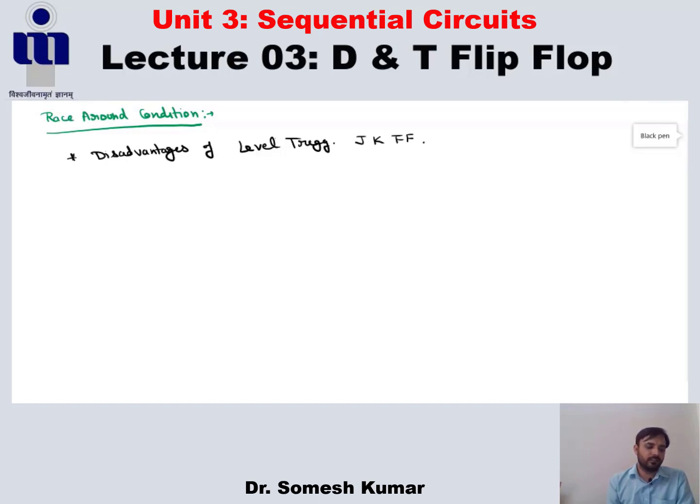When both J equals 1 and K equals 1, that is, when both inputs of our JK flip-flop are 1, the output is in the toggle state. If the previous output is Qn, then in the next state it becomes Qn bar, again Qn, again Qn bar, like this. If the delay of our JK flip-flop is less than the clock pulse width, the output is unpredictable. This condition is called the race around condition.